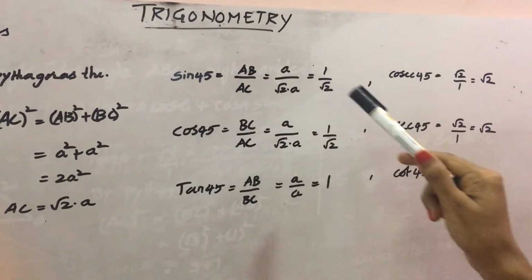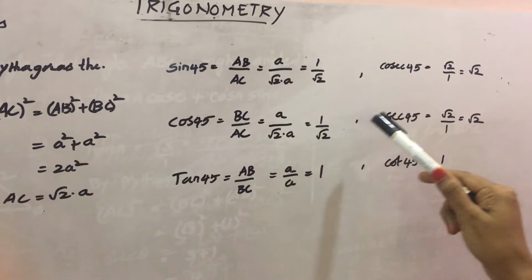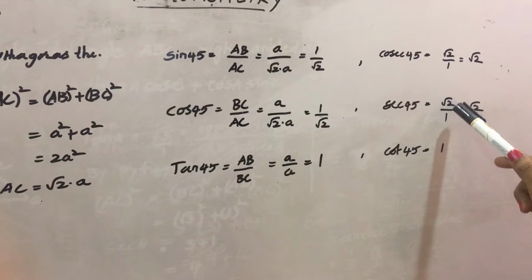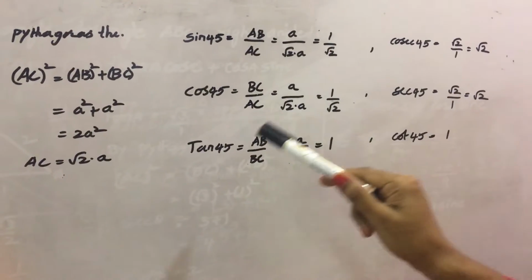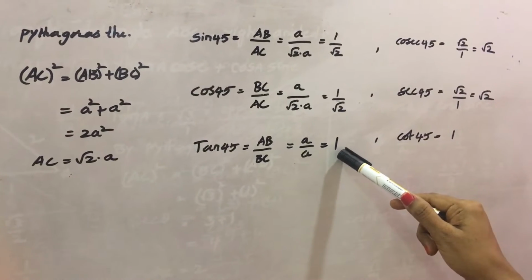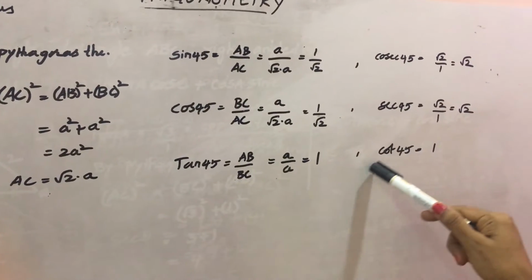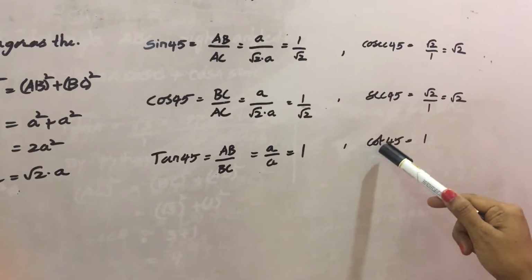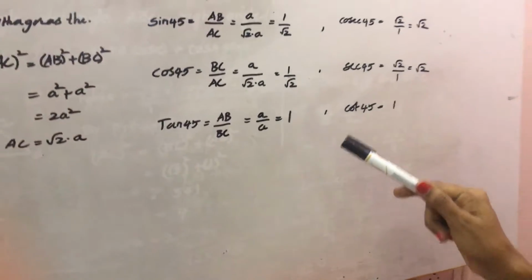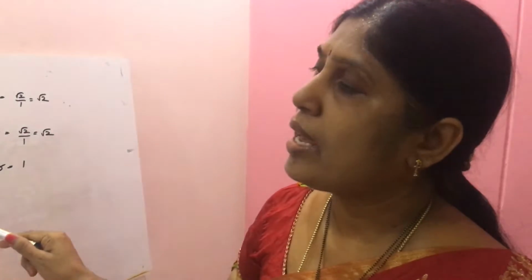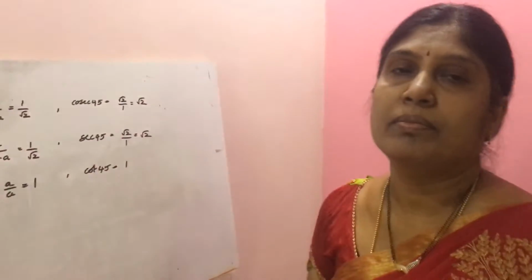Cos 45 is equal to 1 by root 2 and sec 45 is equal to root 2 by 1. How? These two are the inverse functions. Tan 45 is equal to 1. What is the inverse trigonometrical function of tan? Cot. Cot 45 is also 1. In this way, we can find out the trigonometrical functions at an angle of 45 degrees.